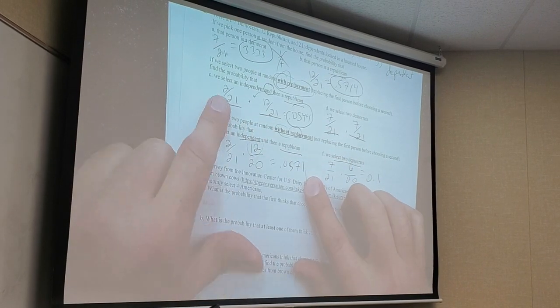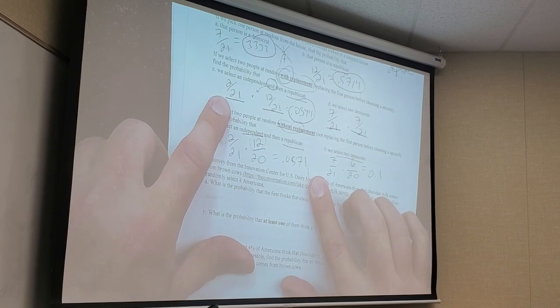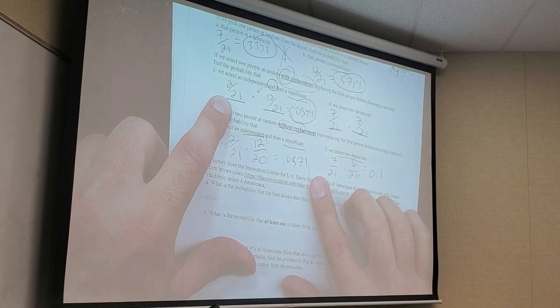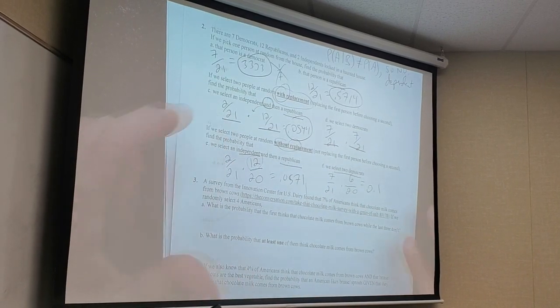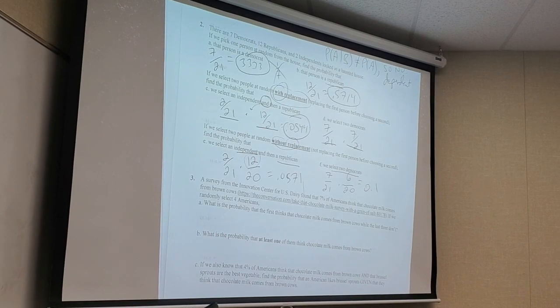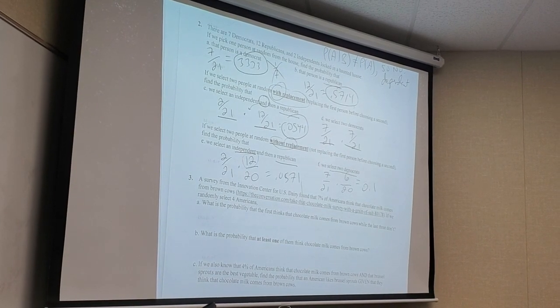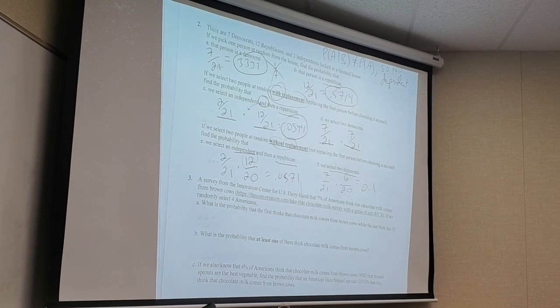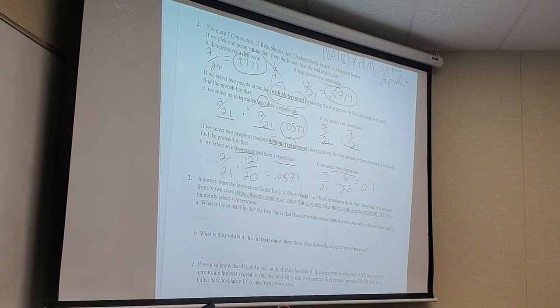So somebody remind me, why is this 2 out of 21 here? Because you're looking for 2 people inside there that could be. Why am I looking for 2 people? What do you mean? Yeah, I'm looking for independent people.